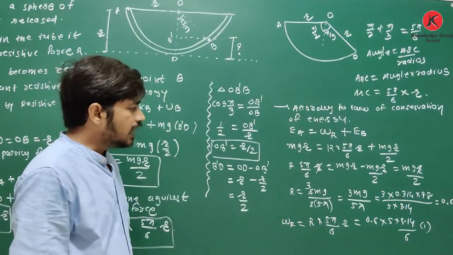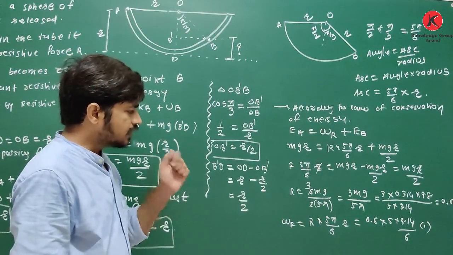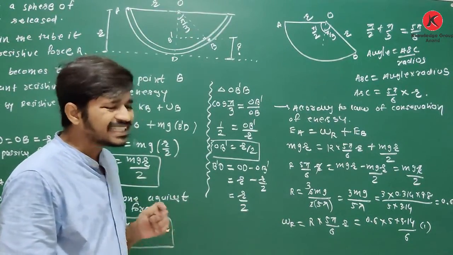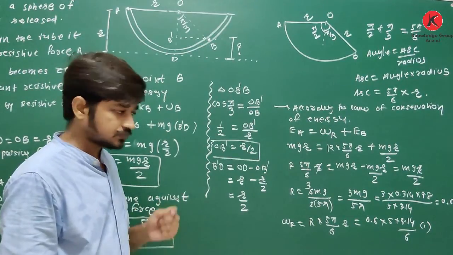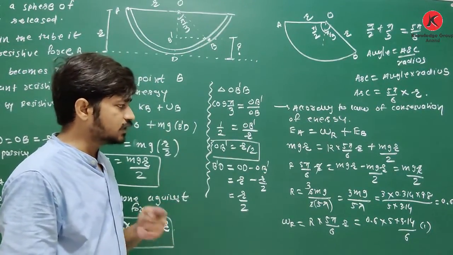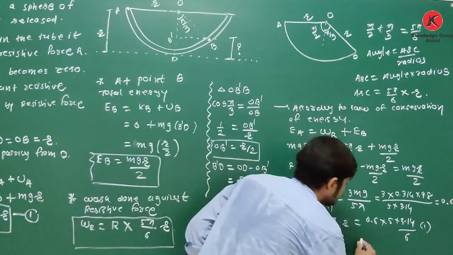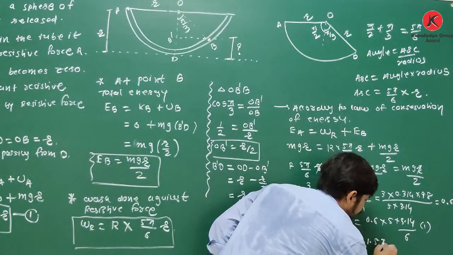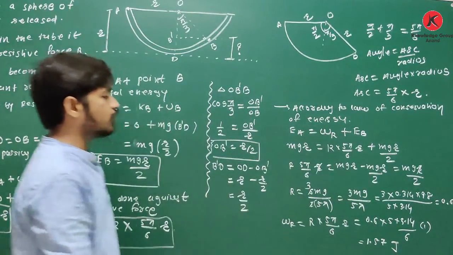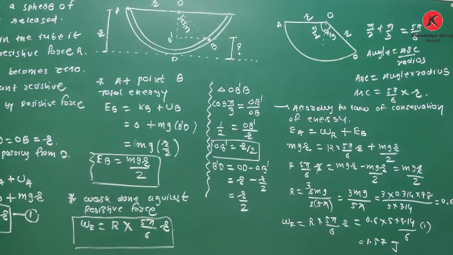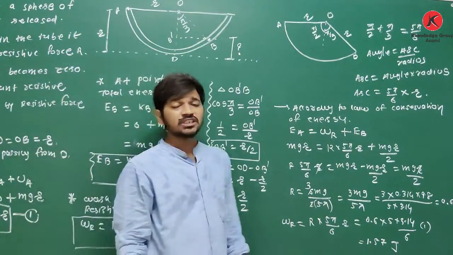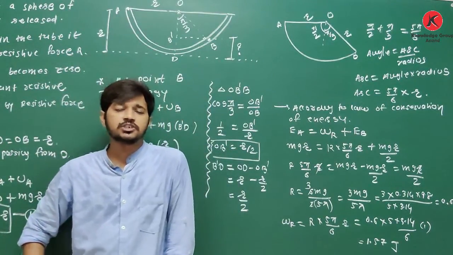With the help of this equation you can easily find the work done against the resistive force, and if you calculate, you will get the answer 1.57. Clear about this? So yes, this is one question based on the law of conservation of energy.